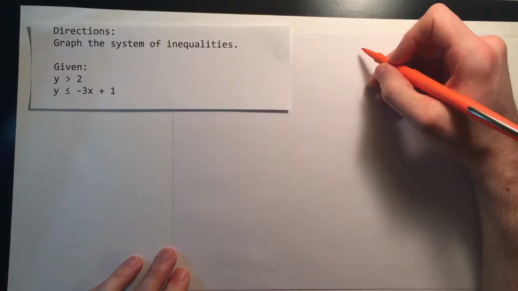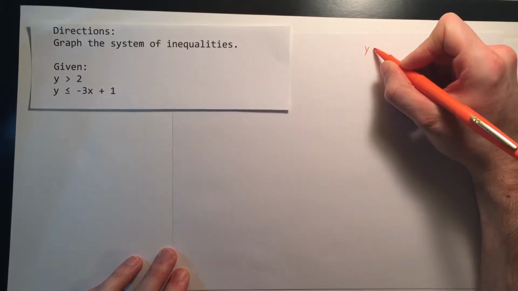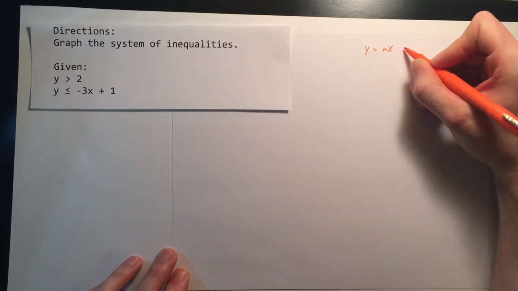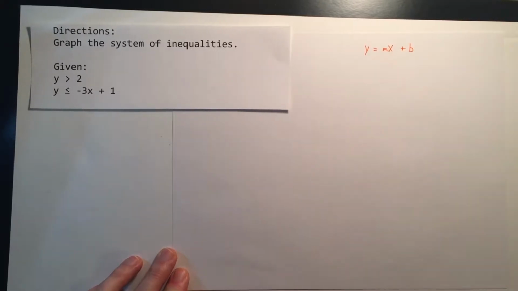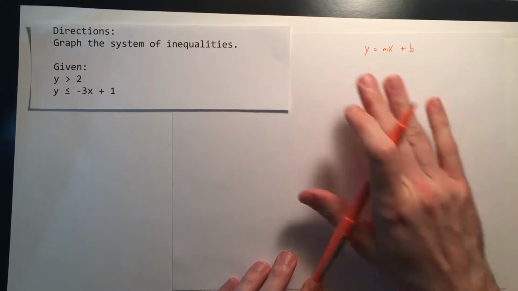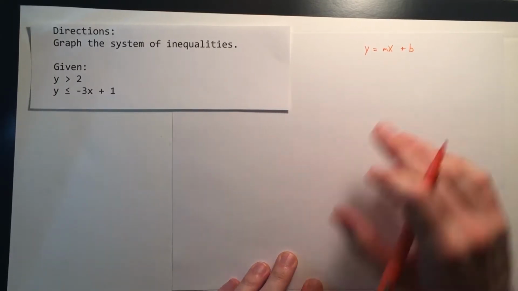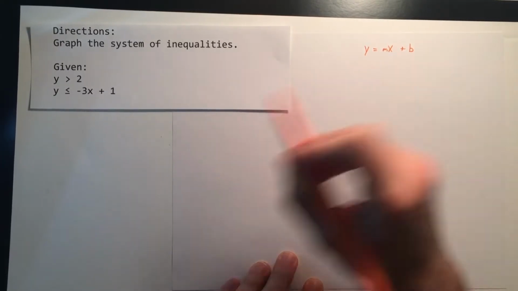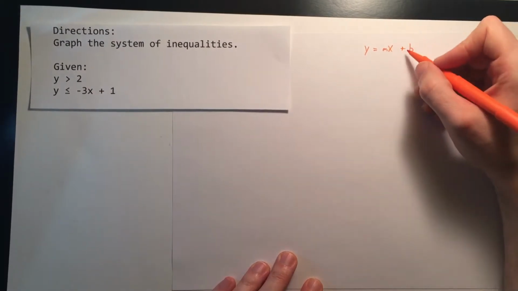To graph it, remember that we learned y equals mx plus b for equations, and the same format can be applied to inequalities. We'll see what the difference is. Instead of an equal sign, we'll have inequality symbols.